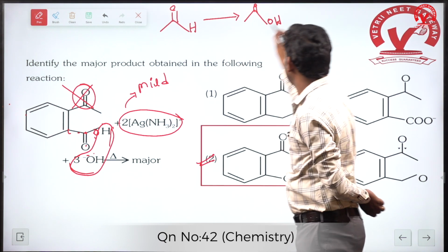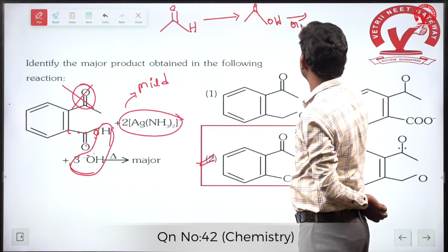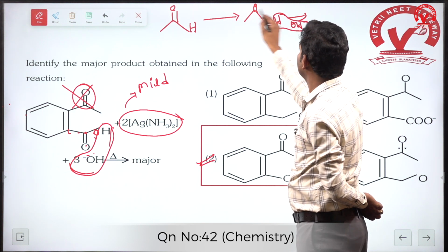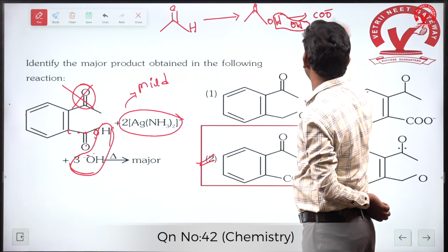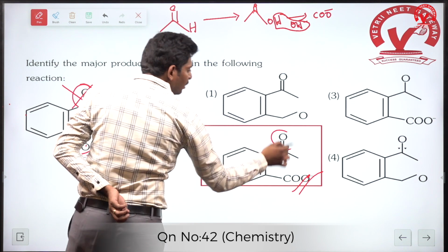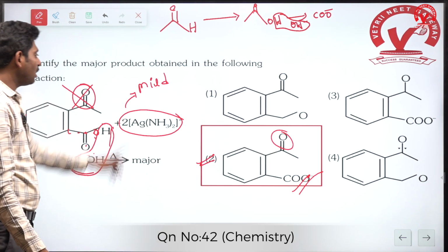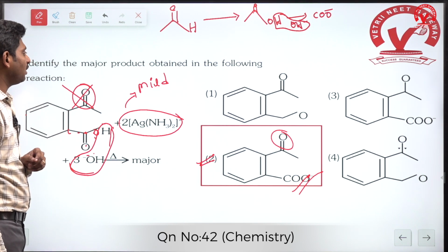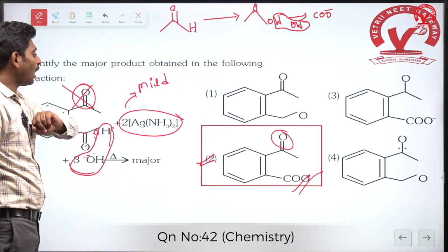But in presence of basic medium, it is OH minus. So this H and this OH will go as water, then it will form COO minus. So that COO minus will form. Here the ketone won't change. It is the mild oxidizing agent. So option 2 is the correct one.